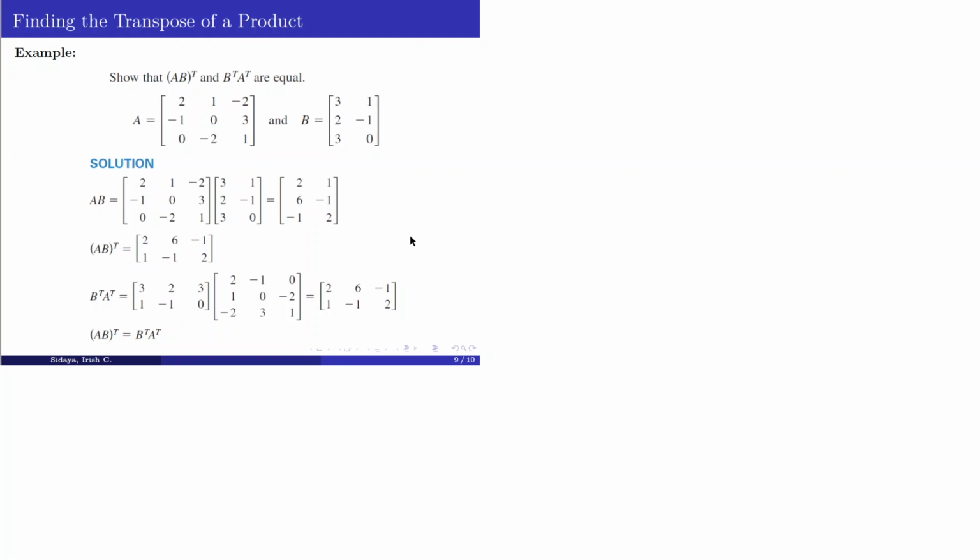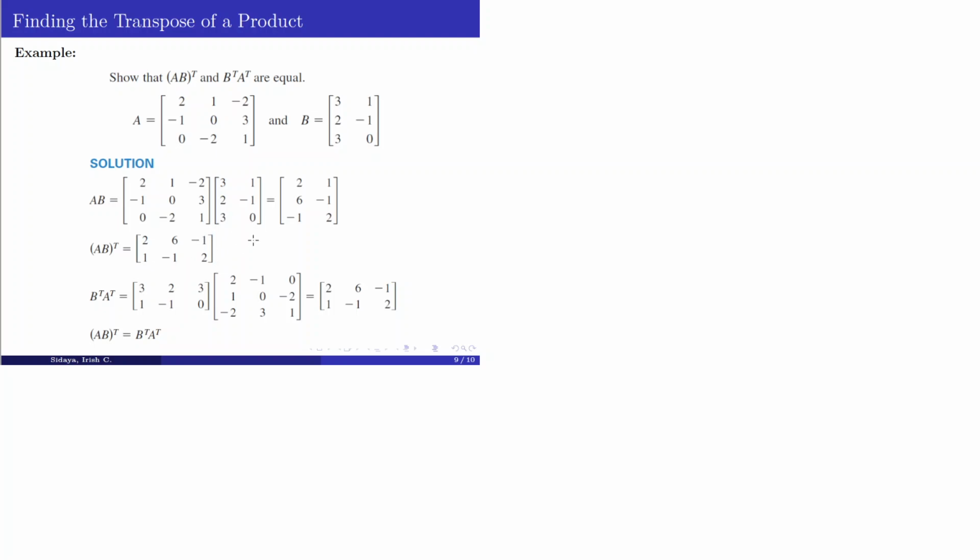If we multiply A and B, we have these matrices. The product will be this one. And then if we get the transpose of the product AB, again, we write the rows as columns. So we have 2, 1, then 6, negative 1, and then we have negative 1, 2.